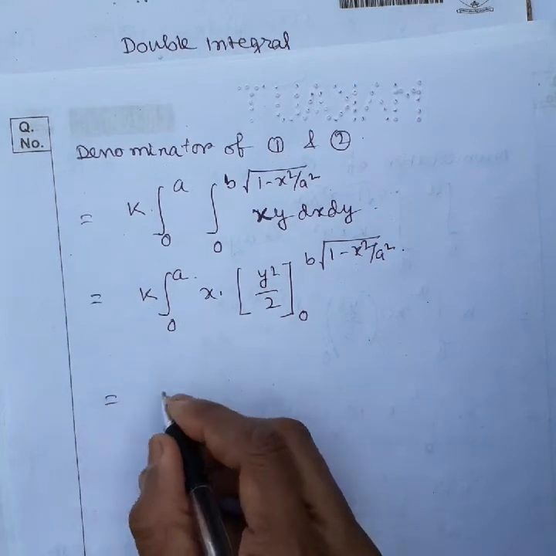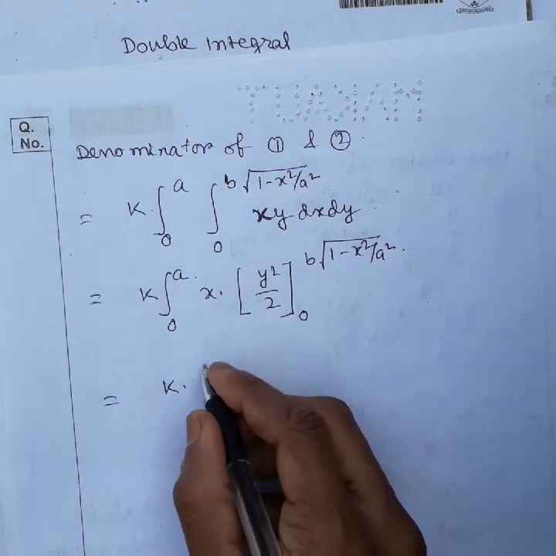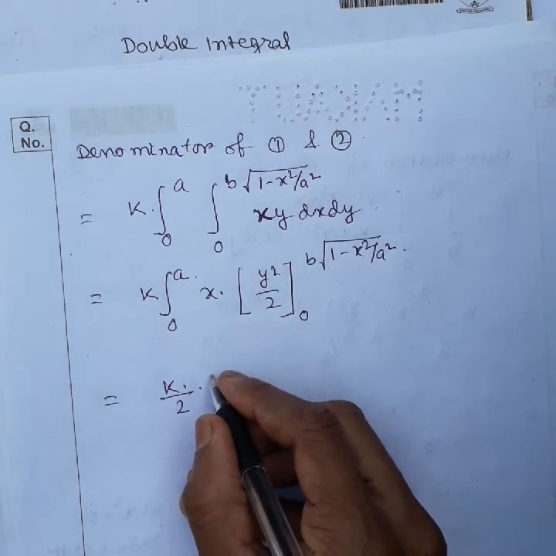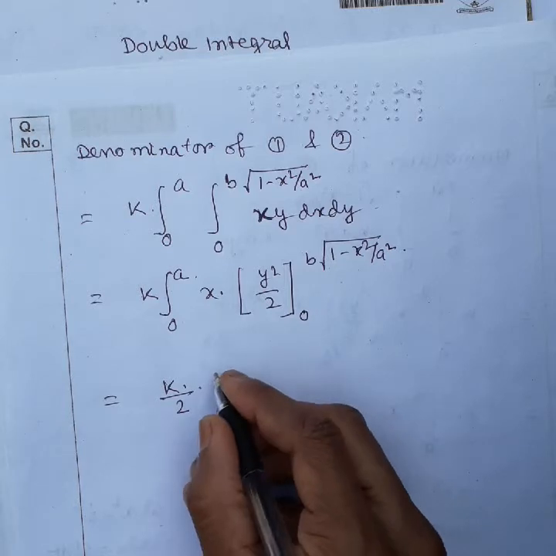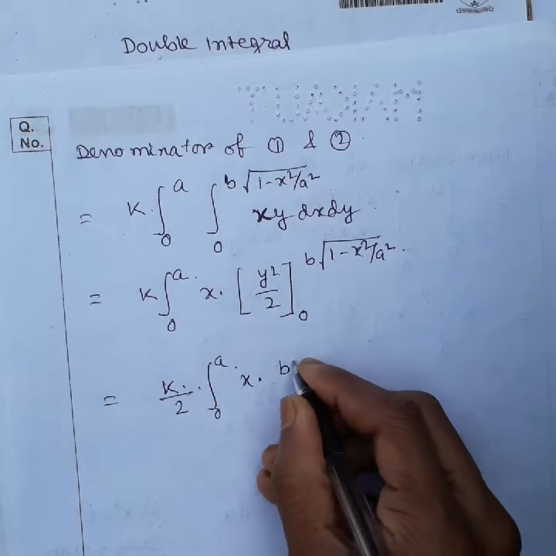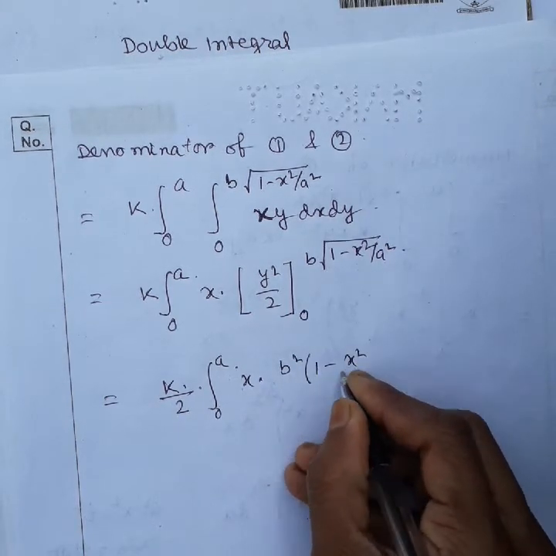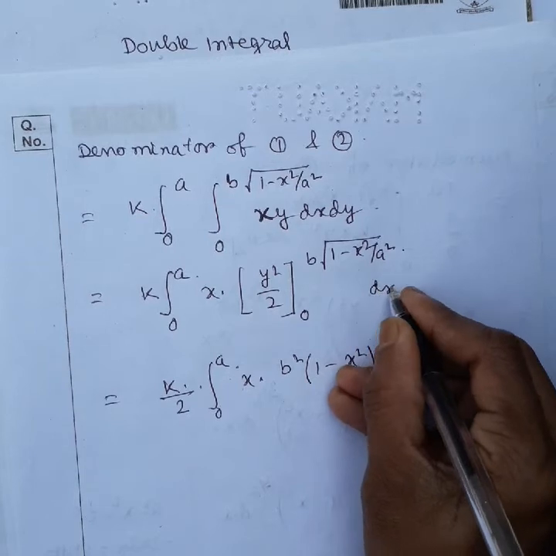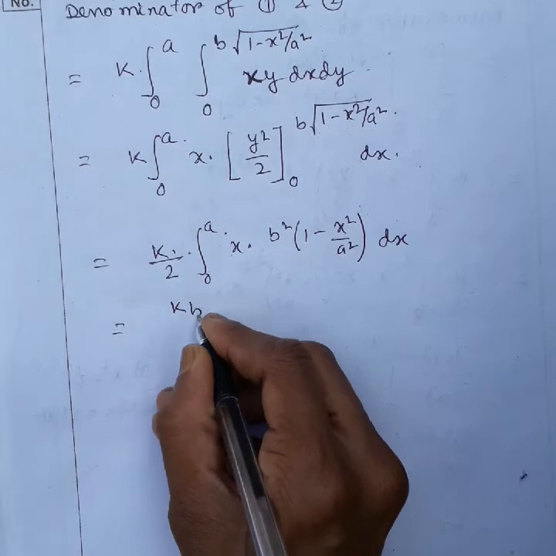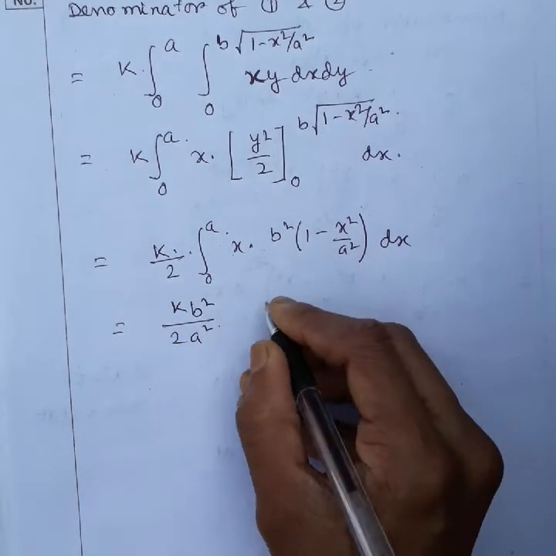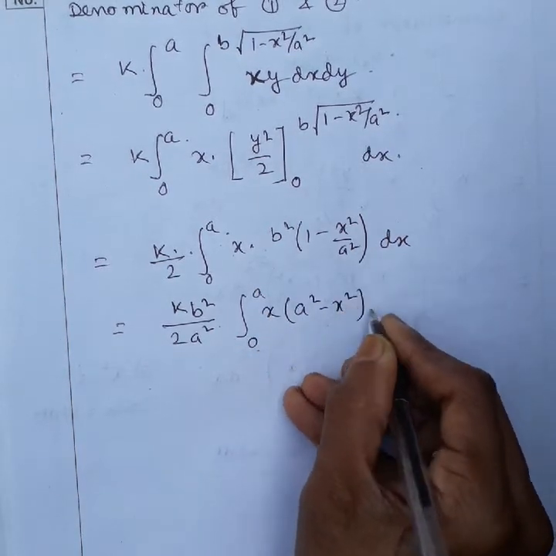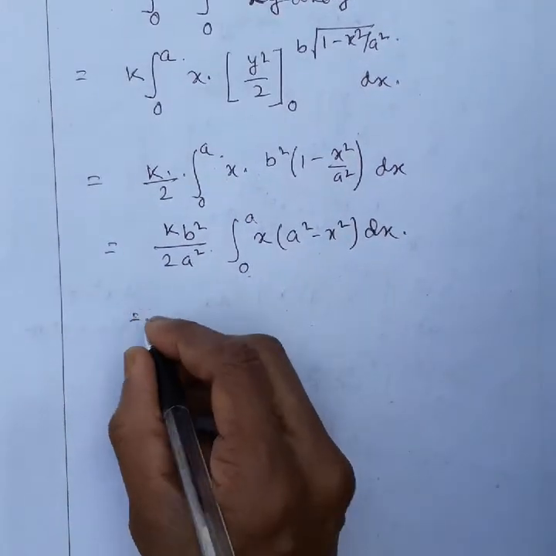Okay, so that is k by 2 into integration of 0 to a x into b square into 1 minus x square by a square dx, that is equals to k b square by 2 a square into integration of 0 to a x into a square minus x square dx.